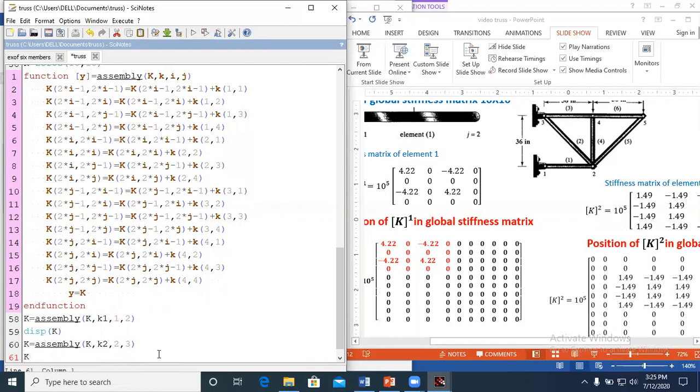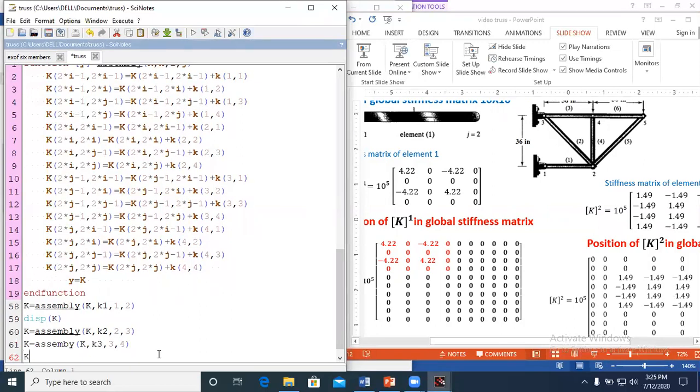Now I will write for all elements k assembly, we want to add the 6 matrices, assembly k comma k3. Now you see the k3 is connected to the 3 and 4 node, 3 comma 4. Next k is equal to assembly, next k, k4 is connected to 2 and 4 node.